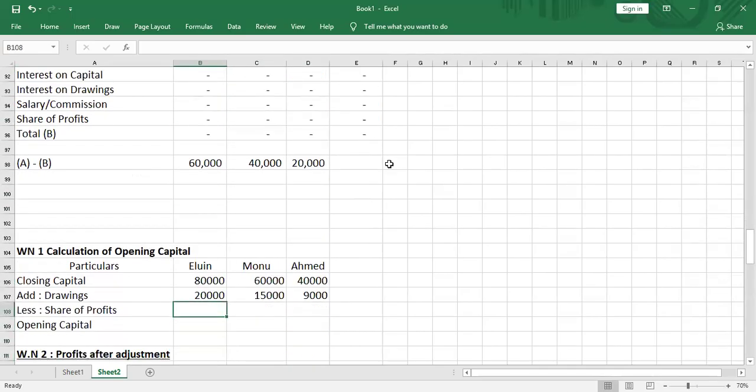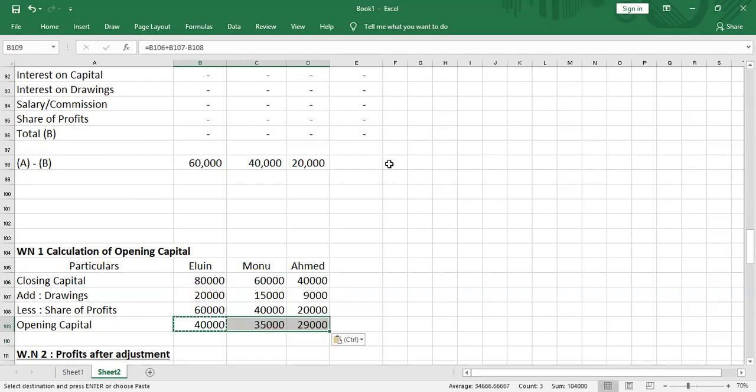That is the wrong profit that was credited. Therefore, my dear children, the opening capital for Elwan would be 80,000 plus 20,000 minus 60,000, that is 40,000, then 35,000, and 29,000.